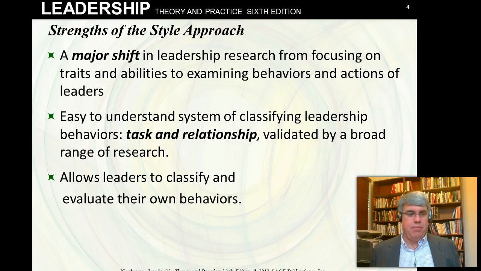And this is validated by a broad range of research. It's interesting. This concern for task and concern for relationship just come up all over the place in psychology when we're studying things. And it's kind of similar to a masculinity and femininity scale. Most guys find it easier to be focused on the task than on relationships.